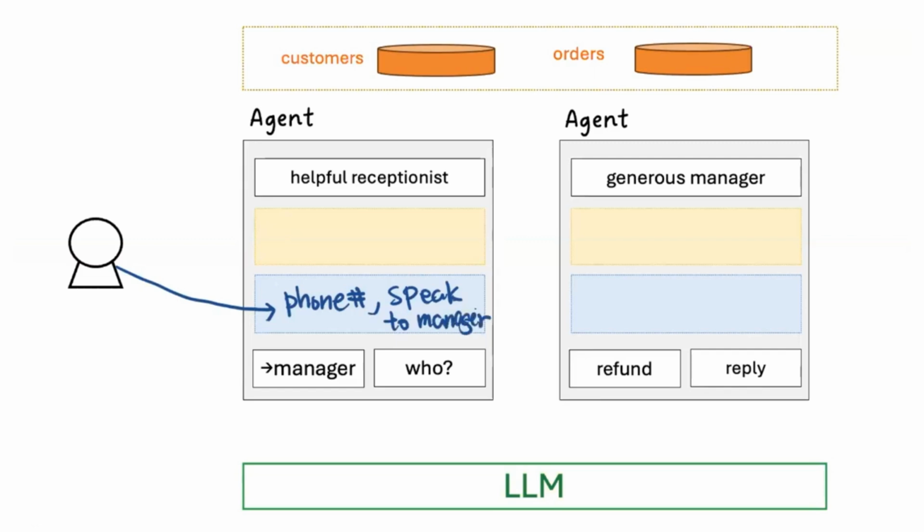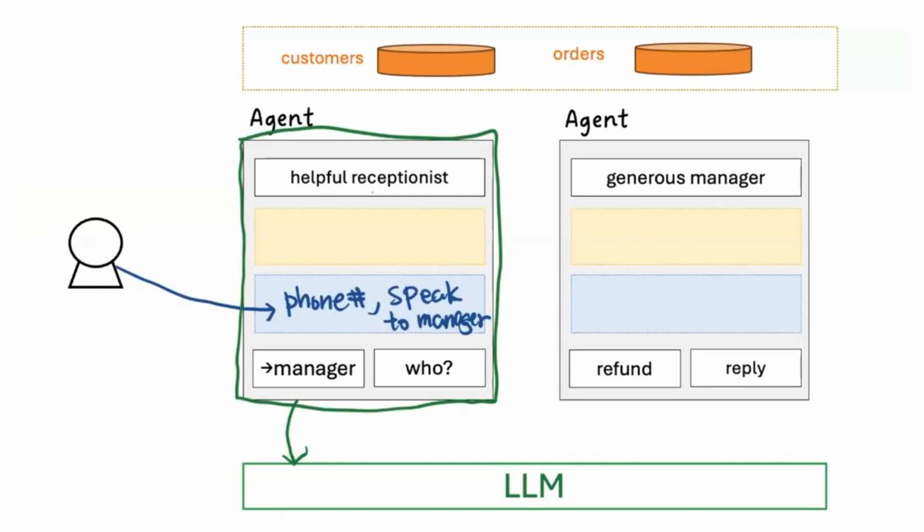In this case, we have enough stuff to pass to our large language model, because it has the logic to play the brain of this agent, who is a helpful receptionist. And how does the large language model know it has to be a helpful receptionist? Because you pass this whole thing to the large language model, so it knows it has to play the role of a helpful receptionist.